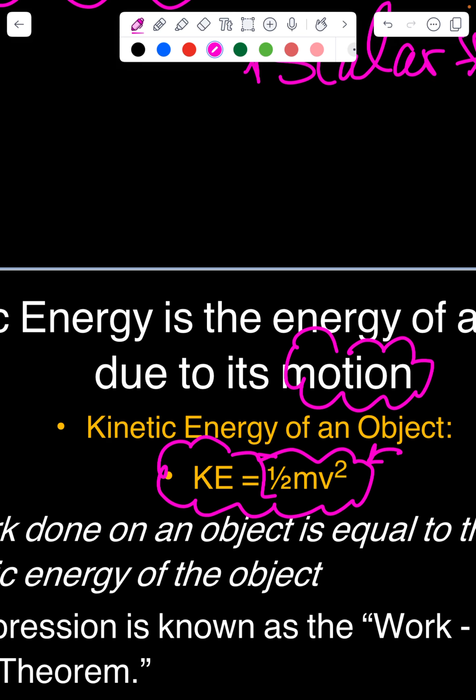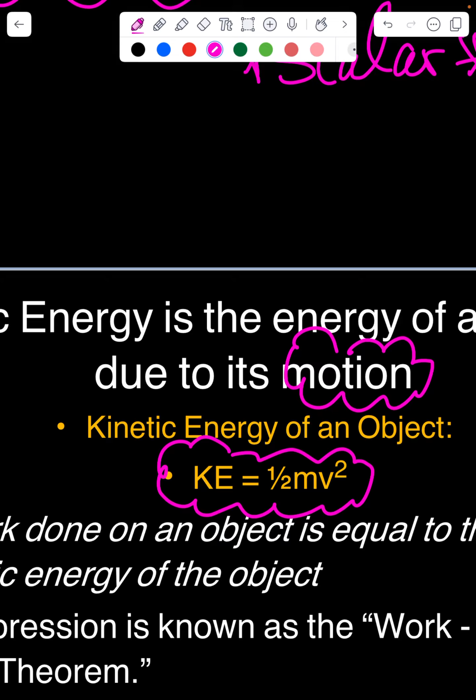We're squaring velocity and then we're halving mass. It still does depend on the mass, but it depends more on the velocity. We can use this equation to find and compare different objects' kinetic energies.